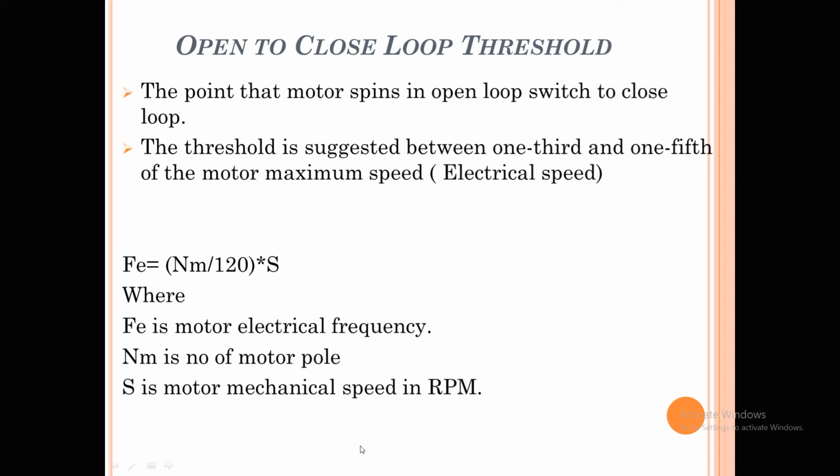In closed loop operation we have feedback. In open loop we are not taking back EMF into consideration. When the motor is switched from open loop to closed loop, we consider our back EMF as feedback, and based on sensing the back EMF, we sense the actual speed and the motor position.